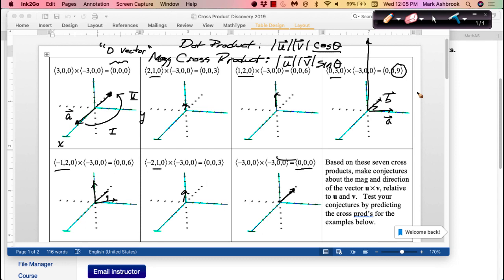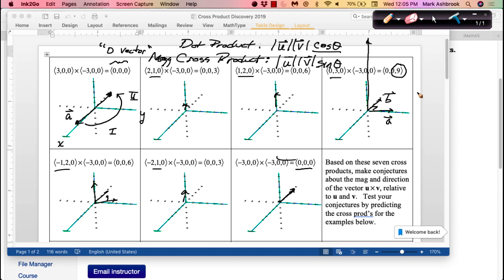So if you have your right hand and you extend your index finger toward the window, and then your third finger would be towards you guys and thumb up. You orient your hand so that your index finger is in the direction of the first vector, and your third finger is in the direction of the second vector, and then your thumb will tell you the direction of the cross product.